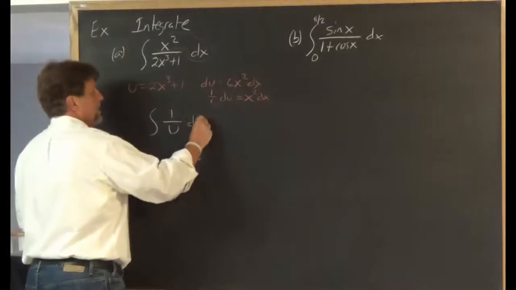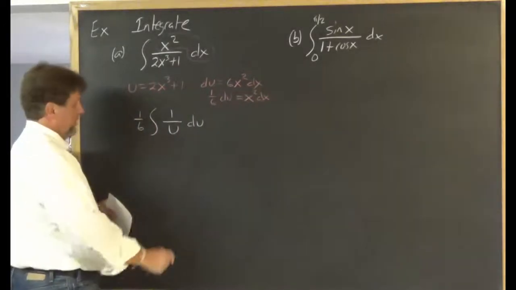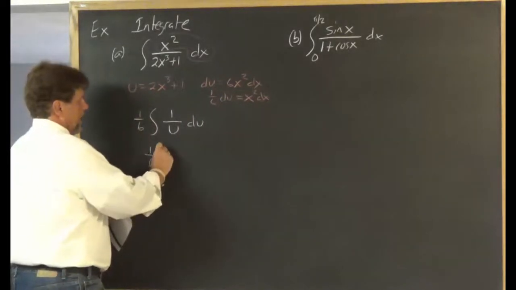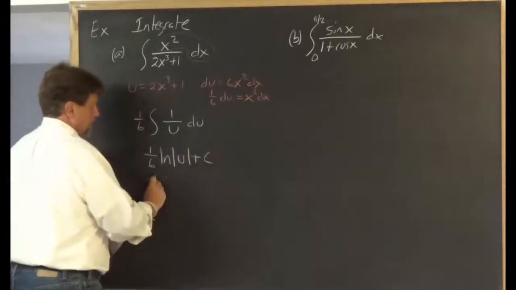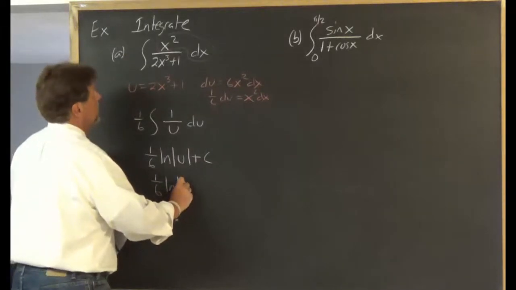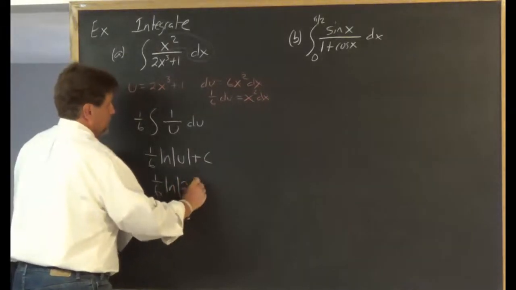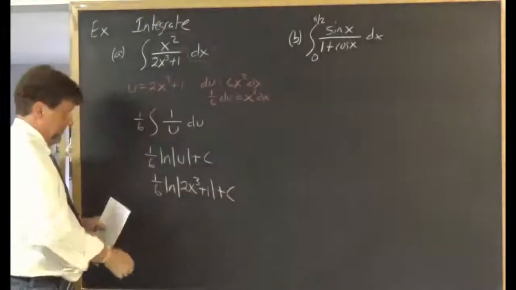I'll take the 1/6 and rip it out front. Now we have a friendly integral to do. This is just 1/6 natural log absolute value of u plus c. 1/6 natural log absolute value of 2x cubed plus 1 plus c.